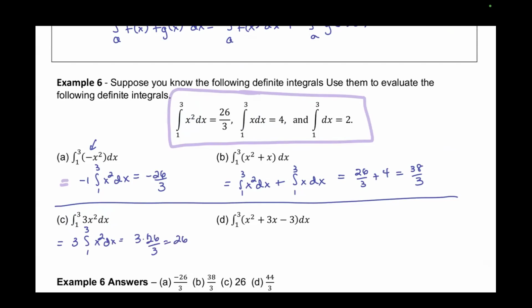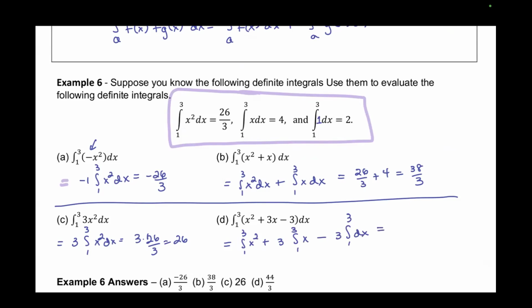And putting it all together here, I can do the integral from 1 to 3 of x squared, minus 3 times the integral from 1 to 3 of x, minus, notice I had the integral of, it doesn't really say it, but there's just a 1 here, so 3 times the integral from 1 to 3 of dx.